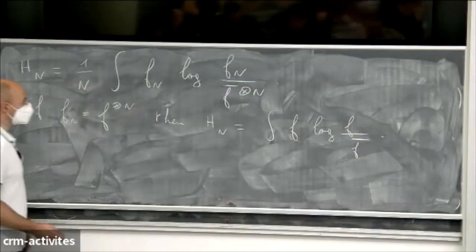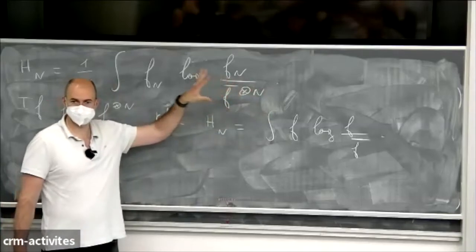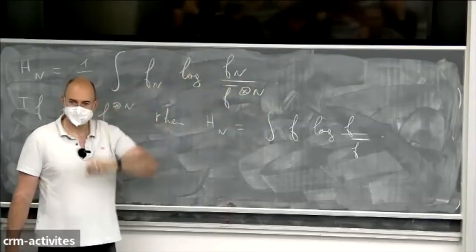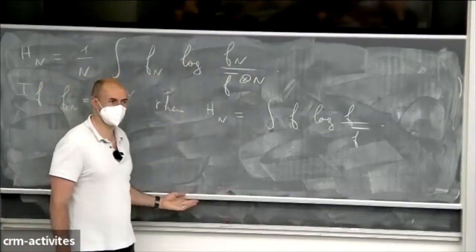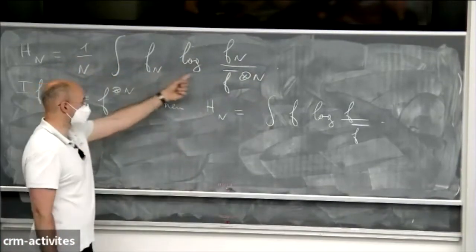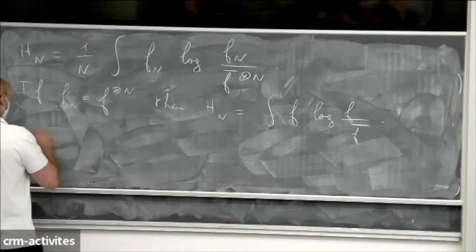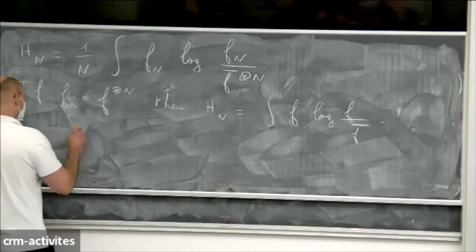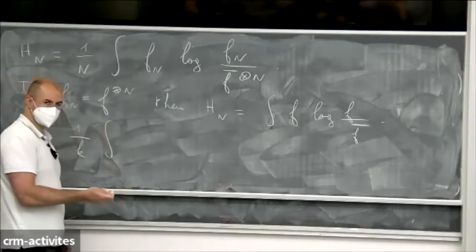And it turns out that this quantity is also subadditive. We've heard a lot about how subadditivity is important, and it's critical here as well. The reason it's subadditive is just that x log x is a convex function. Here, the subadditivity implies the following: you get a control on the relative entropy of any marginal by Hn.